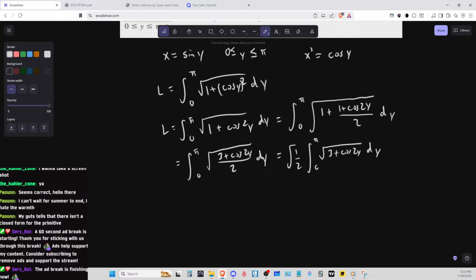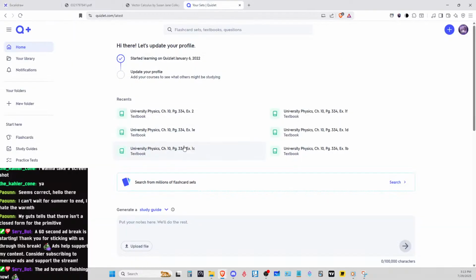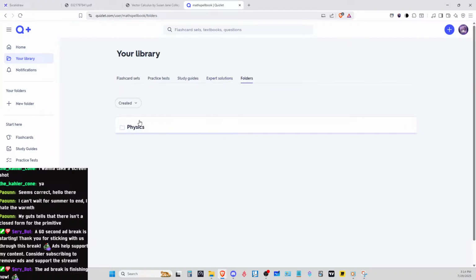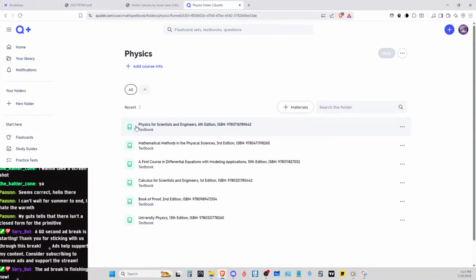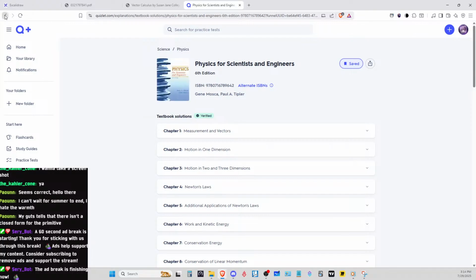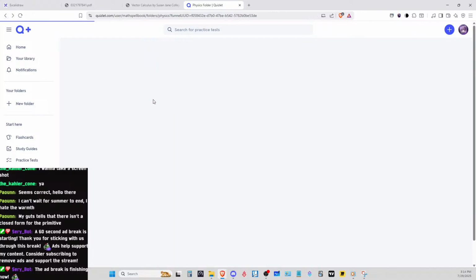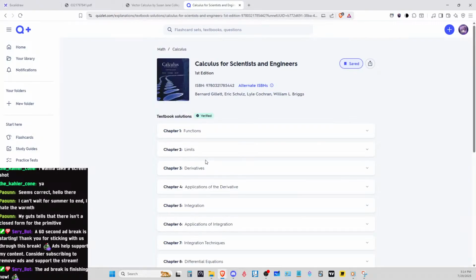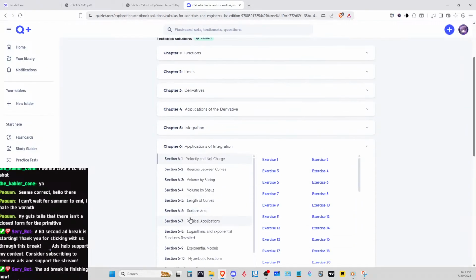I wonder if Quizlet has the way to solve this. Library? Folders? Not this book. 6.5.